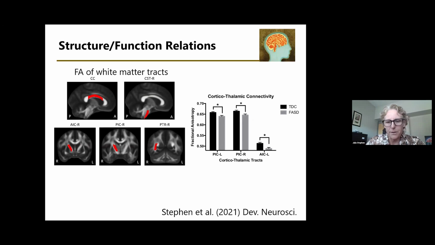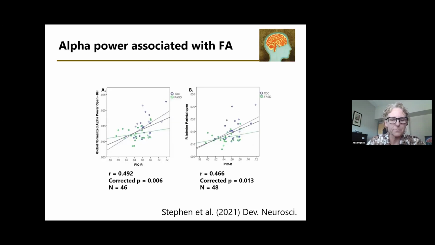And that is now across the whole group rather than just in the subgroup of kids with FAS. And we also found an association between the fractional anisotropy value and alpha power, such that if you have increased fractional anisotropy, then you have increased alpha power, in the direction that you would expect.